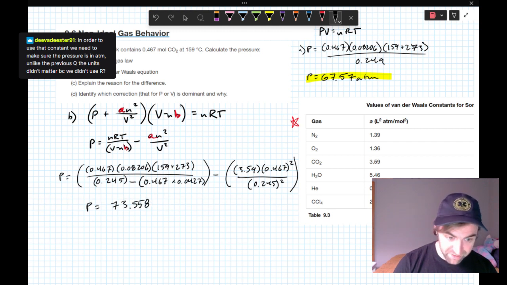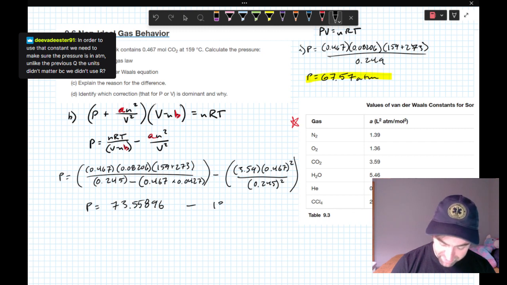I broke this down into 2 steps just to keep it consistent, in case I made a mistake in my calculator, I wouldn't have to start all over again.